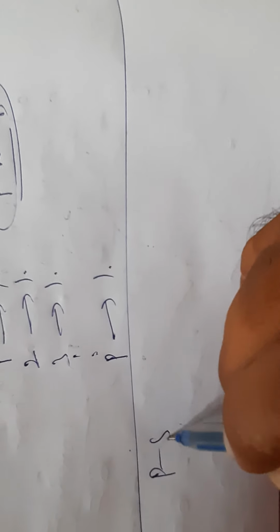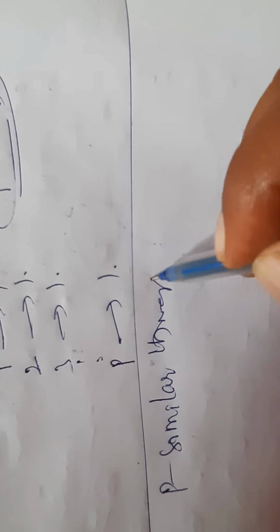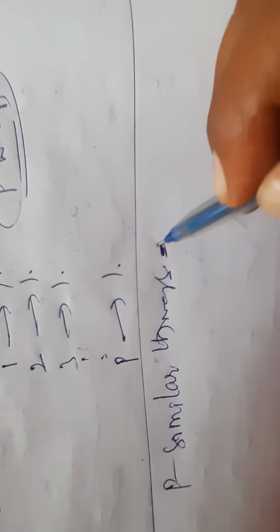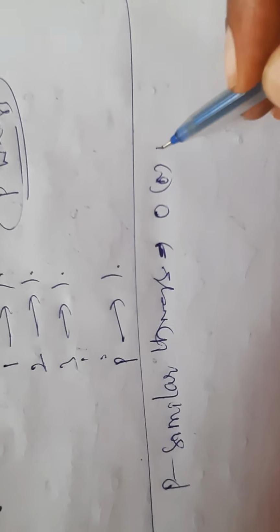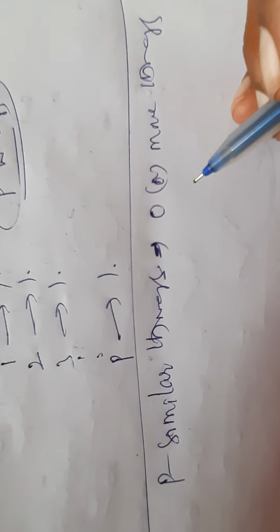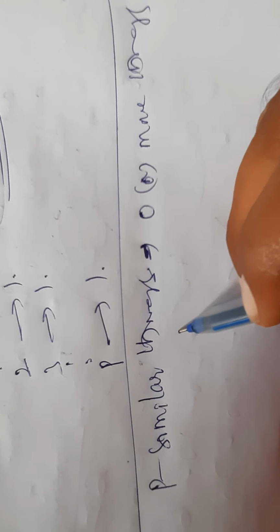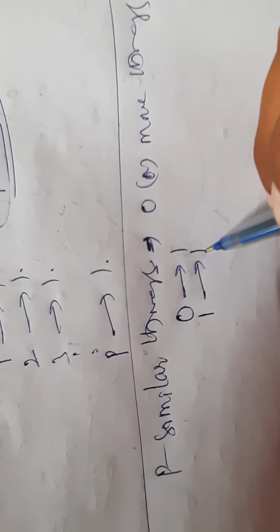Next point: for example, p similar things are there. Out of these p similar things, how many ways can I select 0 or more things? Selecting 0 or more things means I can select 0 things, that is one way. I can select one thing, that is also one way.